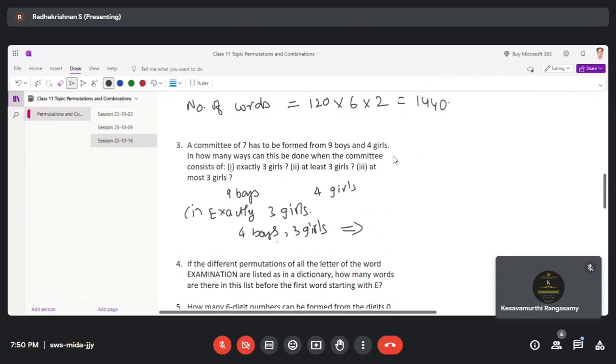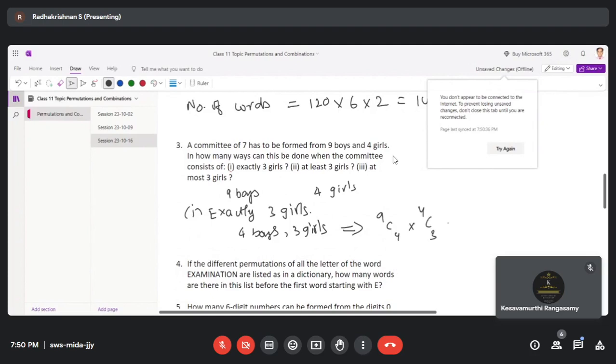So now how many ways can we select 4 boys from 9? 9C4, and 3 girls from 4 is 4C3. So this is the total number of combinations in which we can pick the 4 boys and 3 girls. So this is your answer for exactly 3 girls.